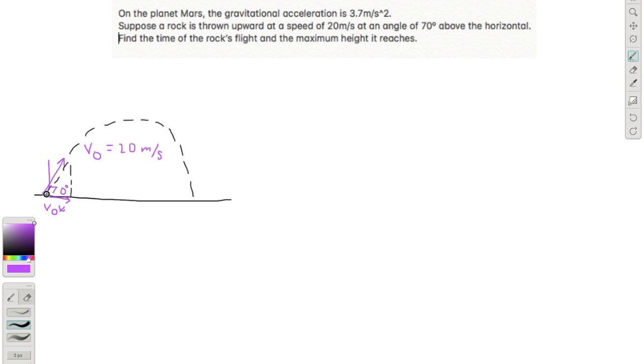The key to projectile problems is to do the horizontal and the vertical motion independently. So you want to find the horizontal aspect of the problem, and then you want to find the vertical. To do that, we have to break this vector up, which is the 20 meters per second speed.